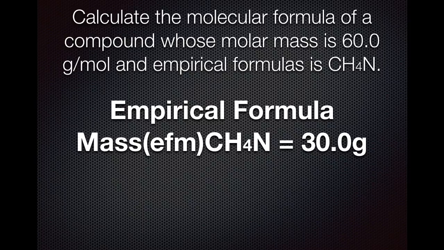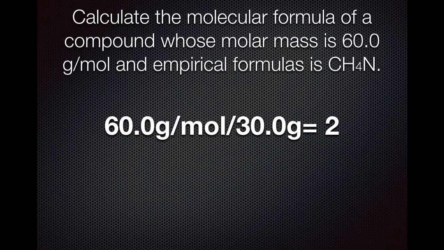The next step is to take the molar mass that you're given in the beginning, which is 60.0 grams per mole, and divide that by the empirical formula mass, in this case 30.0 grams. When you divide 60 by 30, you get 2.